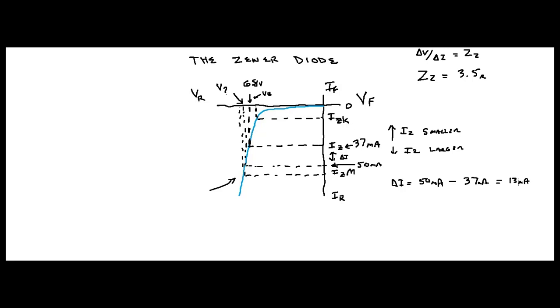Now, what else do we know? Don't we know this right here? You know your ZZ. What's Ohm's law? V equals IR. We know the current difference is 13 milliamps, and for R, ZZ is very similar to R, so it's 3.5 ohms.